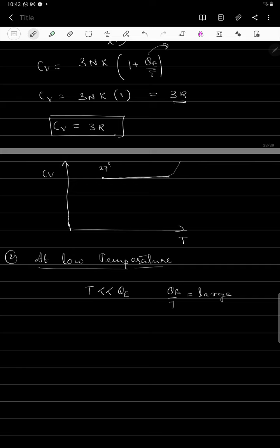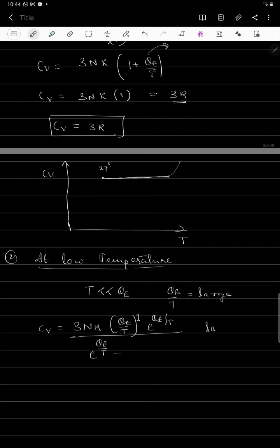So therefore the expression becomes Cv is equal to 3nk (theta e divided by T) whole square, e to the power of theta e divided by T, divided by e to the power of theta e divided by T minus 1. So minus 1 is going to be neglected.